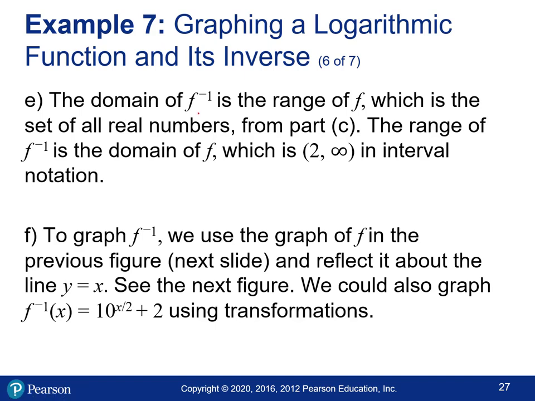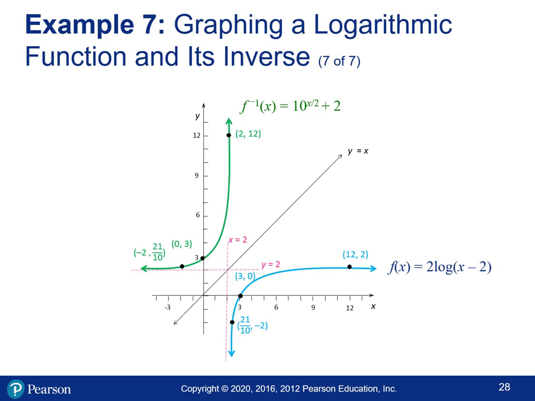Alright, and like the last example, the domain of the inverse is the range of the original, which is all real numbers. And then the range of the inverse is the domain of the original, 2 to infinity. And then for the graph, we'll just swap our x and y values and our asymptotes. Okay, so here is the graph.